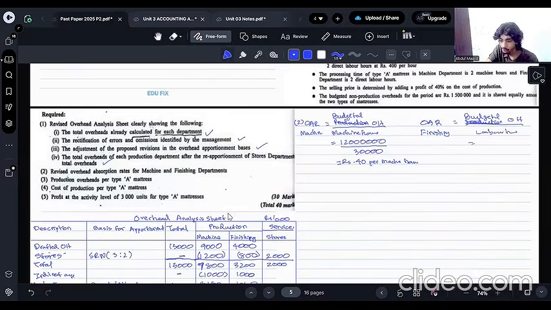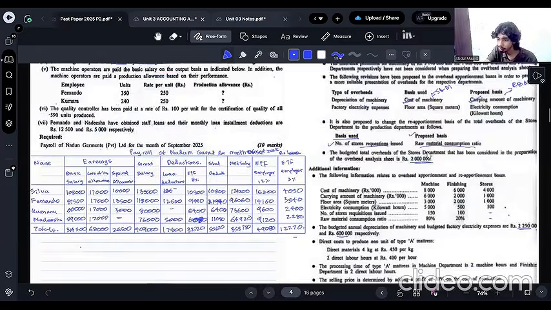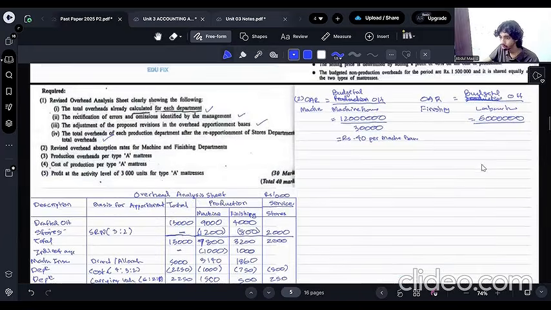The overheads are 6 million, divided by labor hours of 20 million. That's going to be rupees 300 per labor hour. Okay.